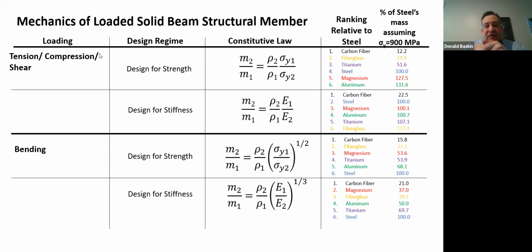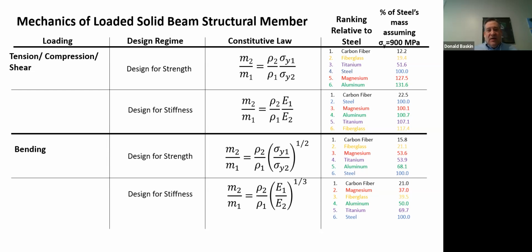Yet on a design for stiffness, under tension compression, so linear loading, steel you can actually make a lighter structure than magnesium, aluminum, titanium, and fiberglass. Most people would be surprised by this, because everyone talks about making aluminum cars and they're lighter and this and that, and they can be. We'll go into that later, but the main point here is that it doesn't always get you a lighter structure.